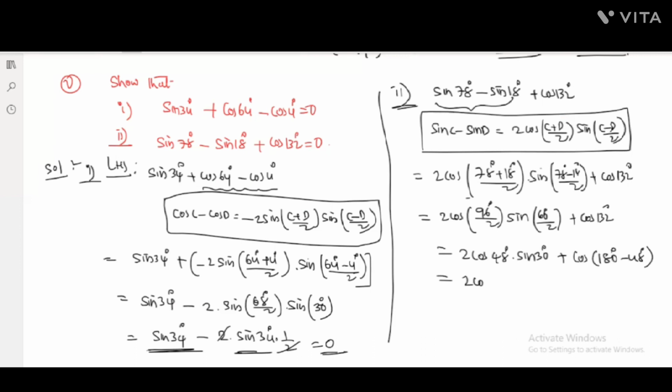So this is 2 cos 48 into sine 30, which is 1 by 2, plus cos of (180 minus theta), which is minus cos theta, meaning minus cos 48 degrees. So here 2 and 2 get cancelled. Cos 48 degrees minus cos 48 degrees is equal to 0. So we have proved both the questions. We have shown both as 0.